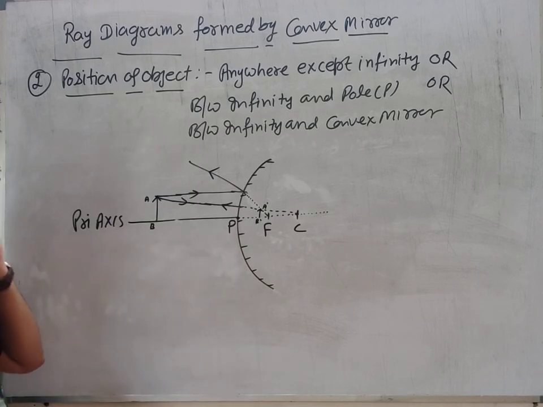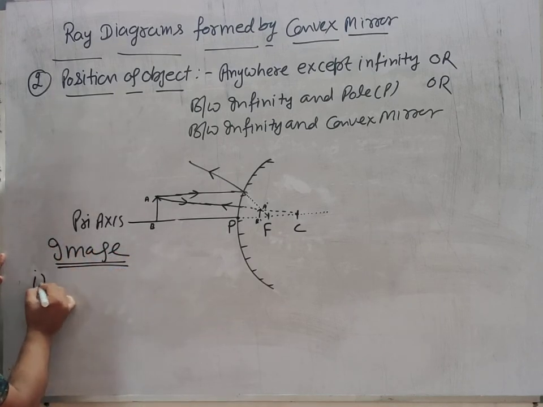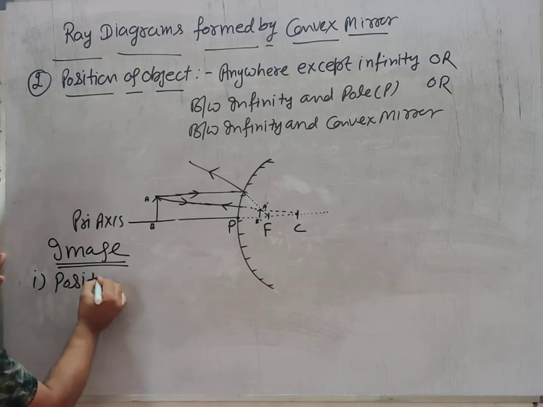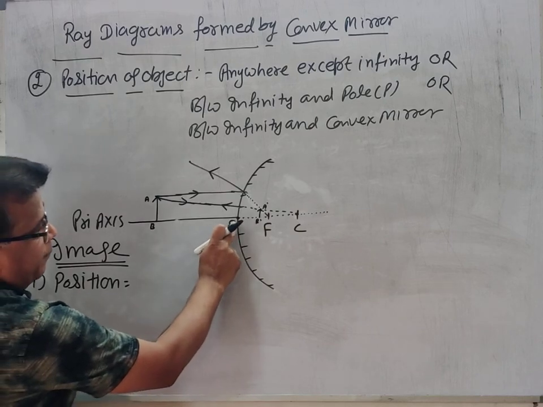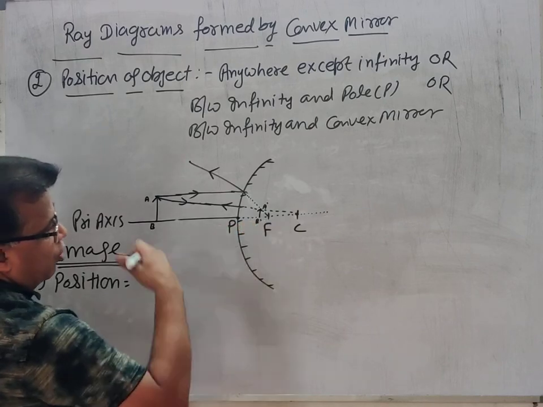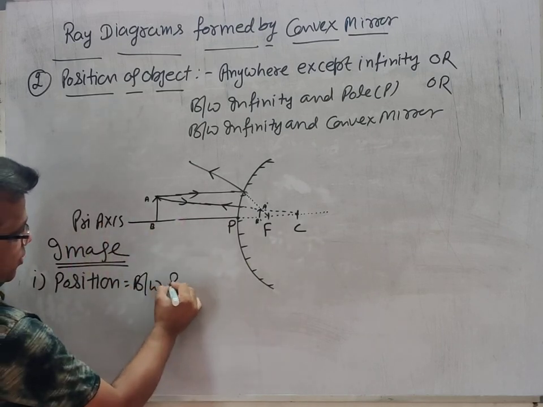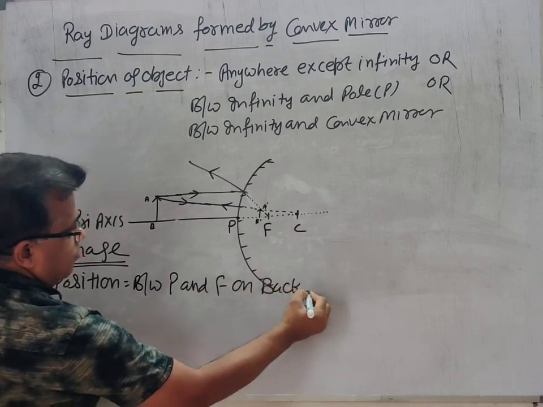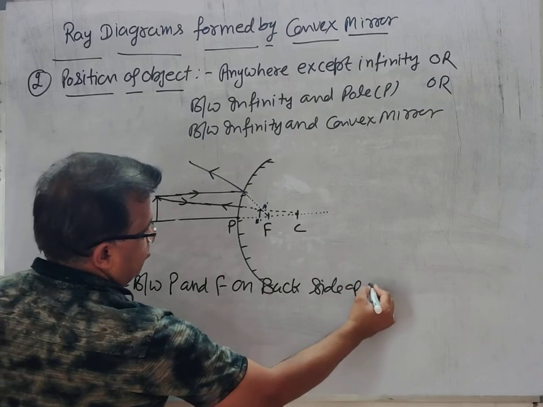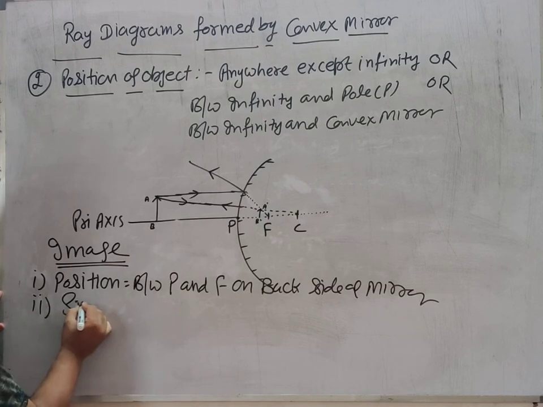So now what about the image? Number one, what is position of image? Image is formed between P and F on other side of the mirror or back side of the mirror. Number two, size.